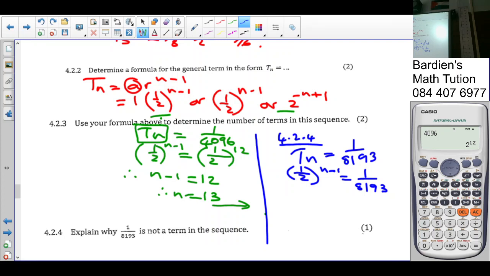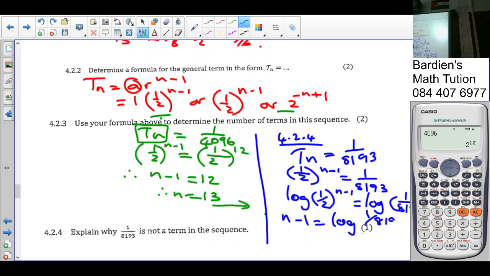Then we're going to go into what we call logs. Okay, I think we have done that already. So if we apply logs both sides, it's going to be log of a half to the n minus 1 equals log 1 over 8193. So n minus 1 is equal to log 1 over 8193 over log of a half.